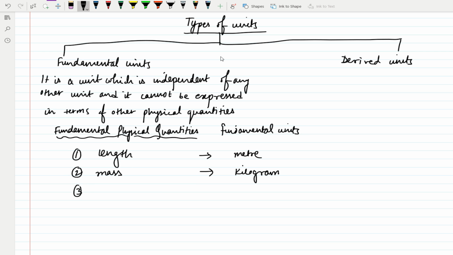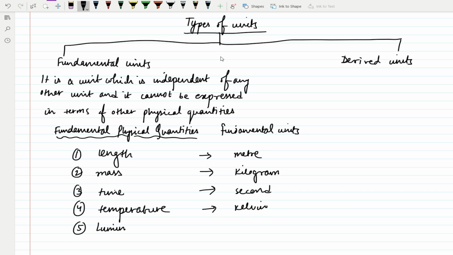Then you have time, it is second. Then you have temperature, Kelvin. Then you have luminous intensity, its unit is candela.